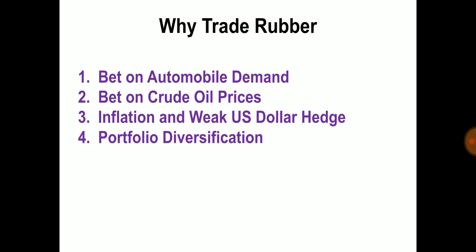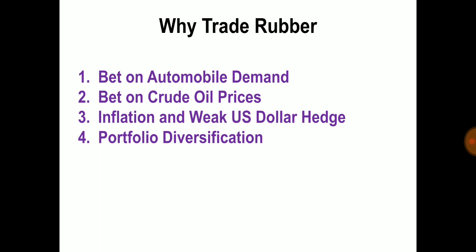First, bet on automobile demand. The automobile market is the most critical industry for the rubber producer. Investing in the commodity might be a way to bet on surging demand for automobiles in emerging market countries such as China and India. Similarly, the low interest rate environment in the United States and Europe should bode well for the automobile industry.